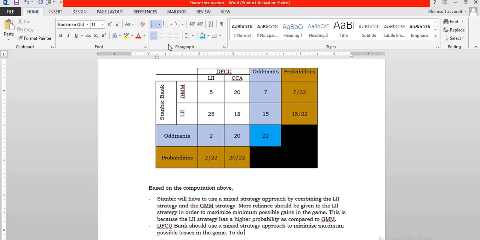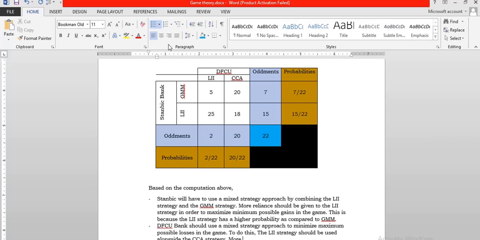To do this, the LII strategy should be used alongside the CCA strategy.